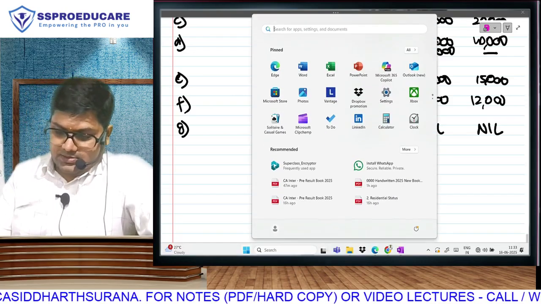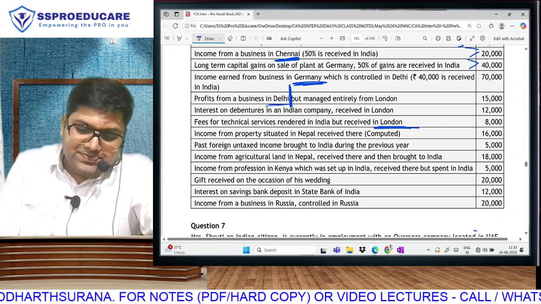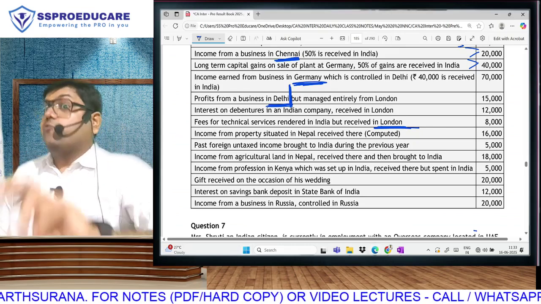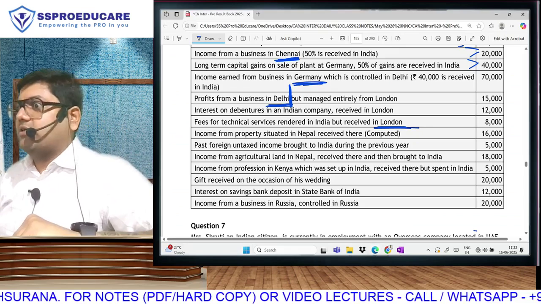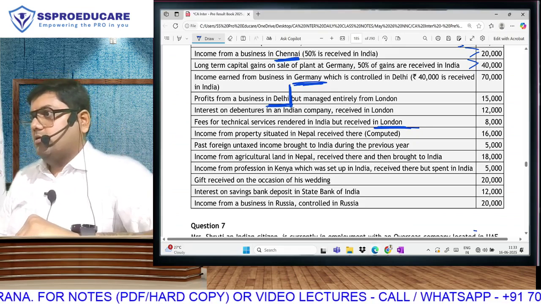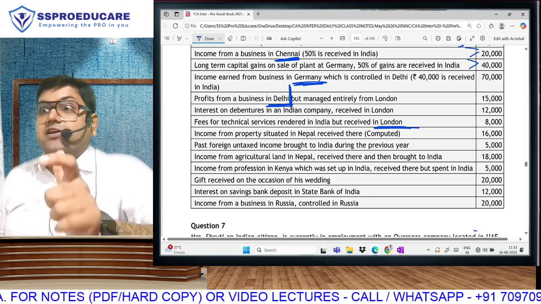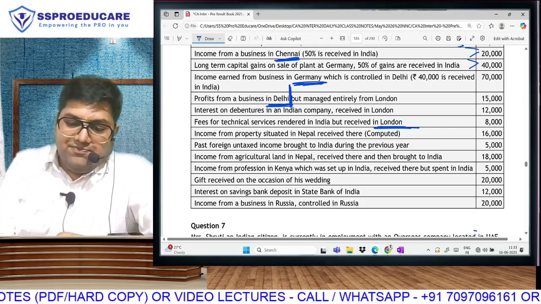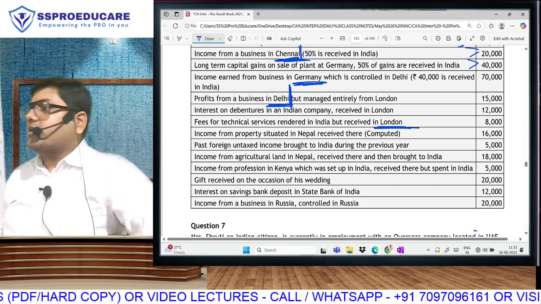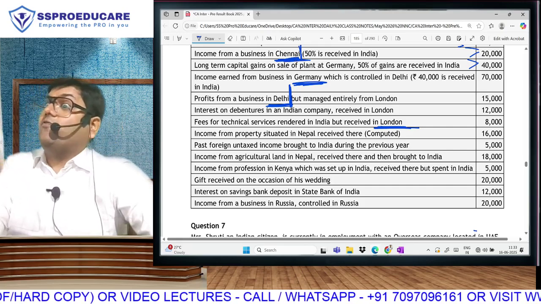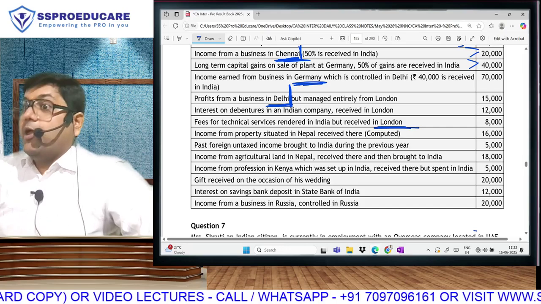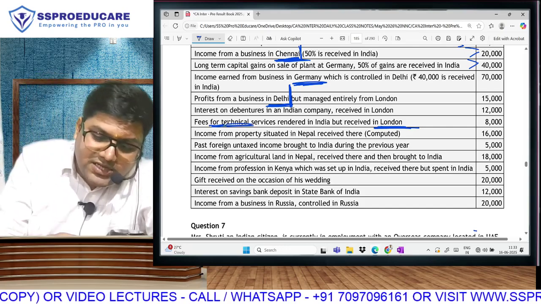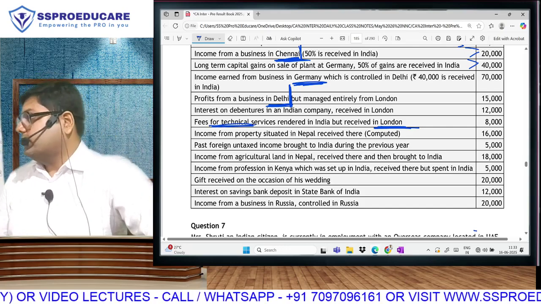For example, for business income in the deemed list, what was the rule? The place of setup of your business. Then control is not relevant. If business was in Delhi, we did not check anything. If business was in Chennai, we did not check anything, because the business rule was place of location of business. But for FTS, what was the rule?